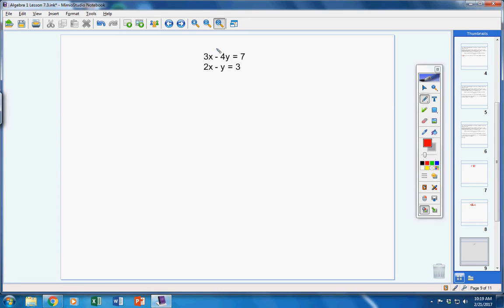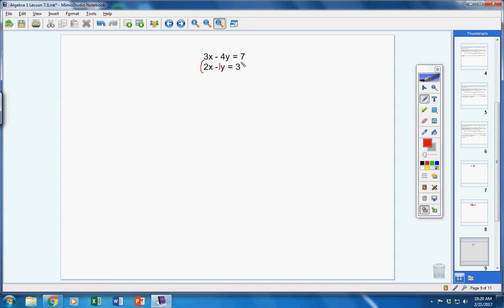So here's what I have to do. I have to multiply this equation by something that will help my x's cancel or my y's cancel. So here's what I'm thinking. I have a negative 4 right here, correct? Wouldn't it be great if I had a positive 4 right here? It really would be, wouldn't it? Right now I've got a negative 1 right here.